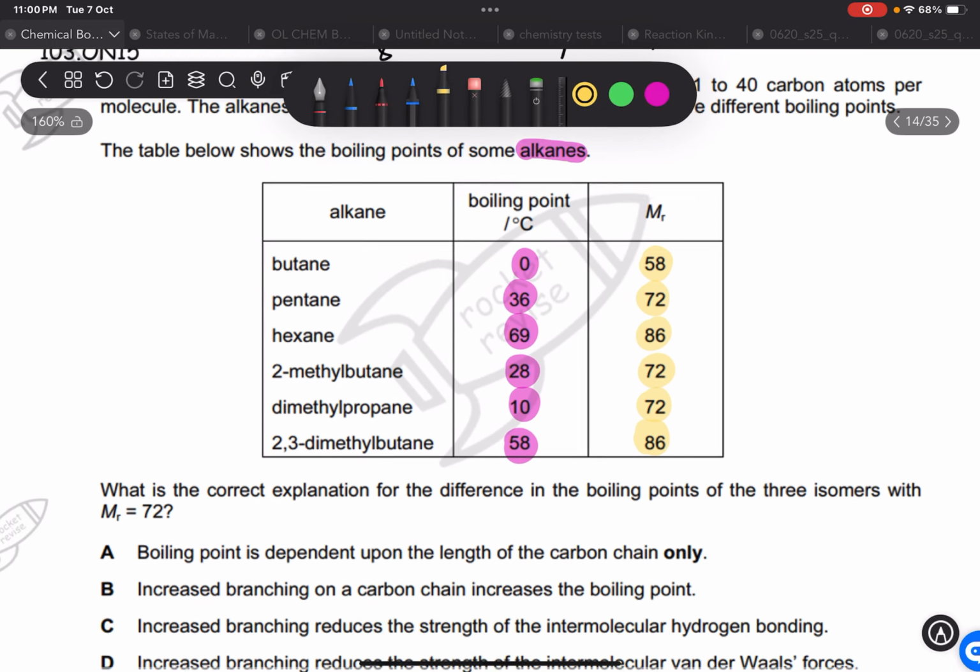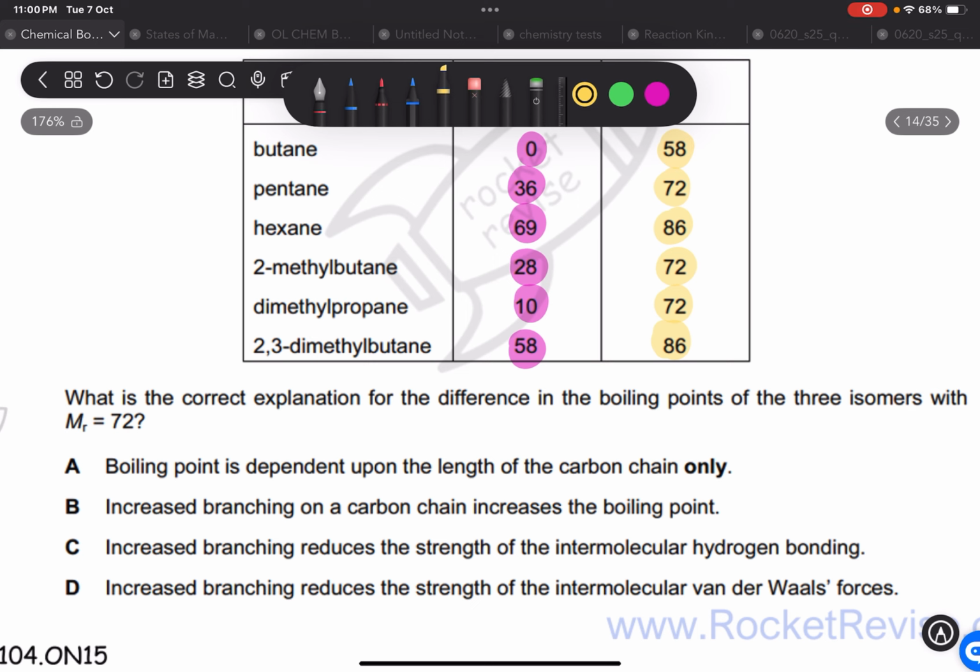Okay, what is the correct explanation for the difference in the boiling points of the three isomers with Mr 72? You have Mr 72 and you have three isomers of whatever the substance is that has Mr 72.